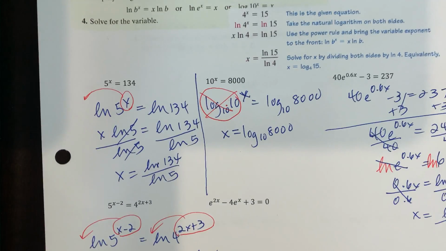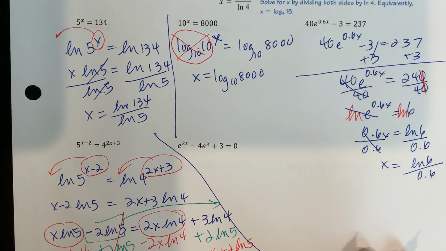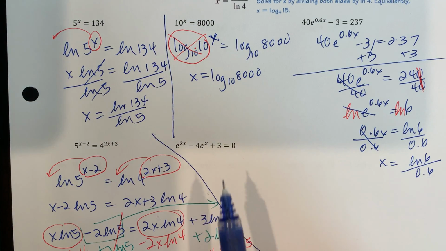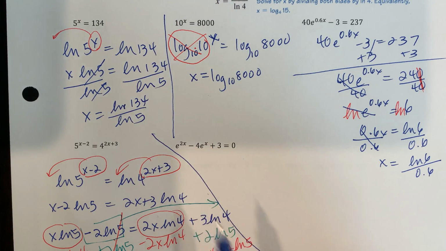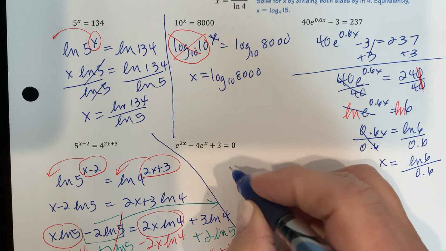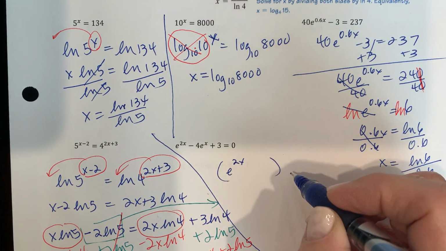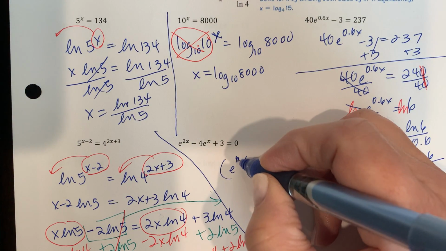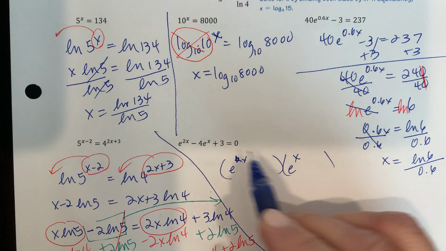Okay, this next one, I'm not even sure how I'm going to fit this in. I'm going to work on factoring. If you think about what are all the things that would multiply to give you 3 that would add up to be negative 4, it's going to be kind of crazy. So I'm going to do e to the x, and then e to the x.